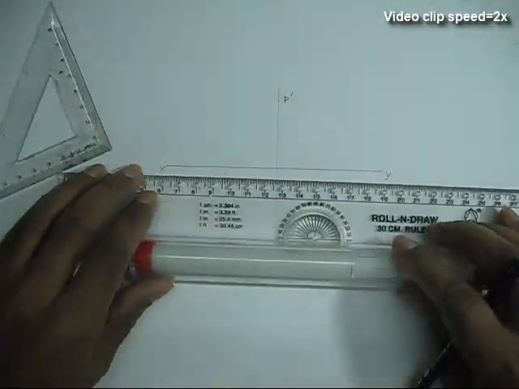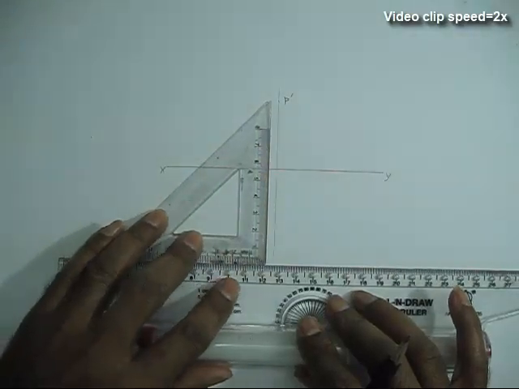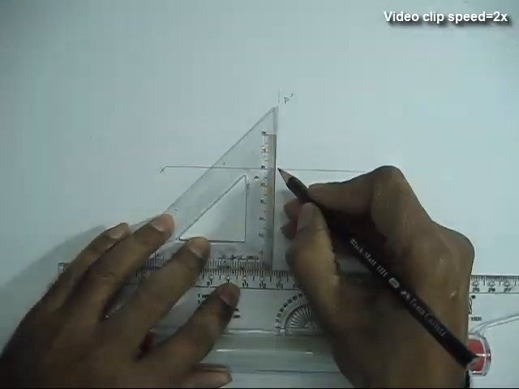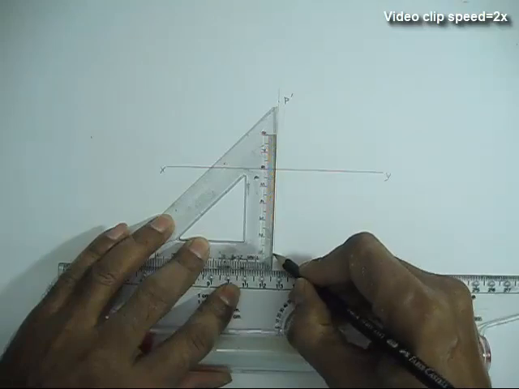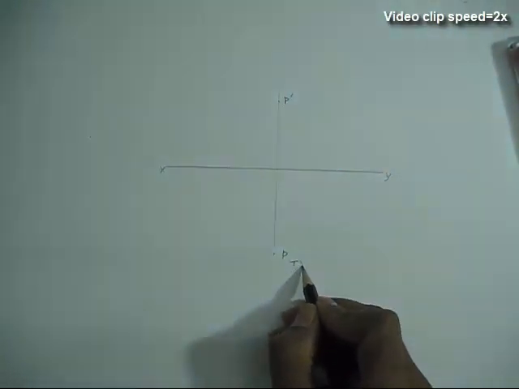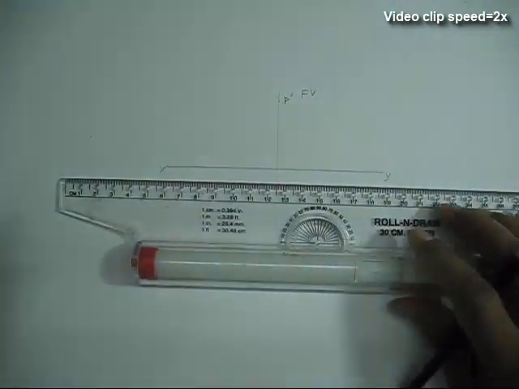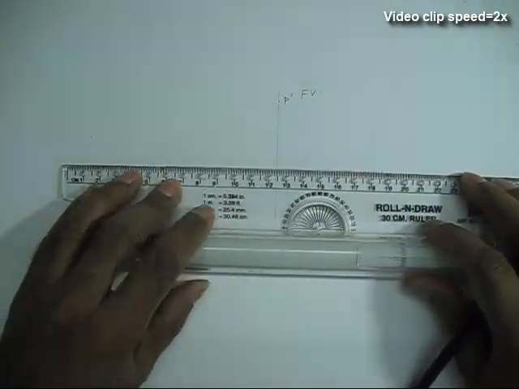So this is the front view. And we can locate the top view, which will be 50 mm below the reference line. This is the front view. Now we can do the dimensioning.